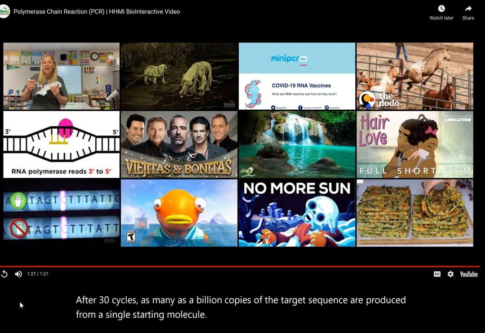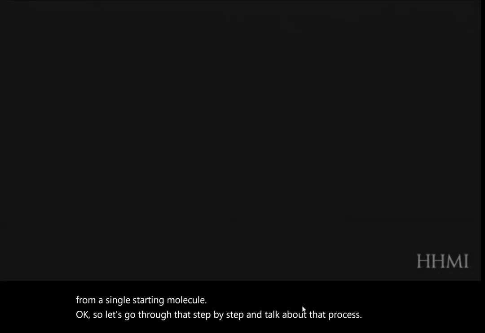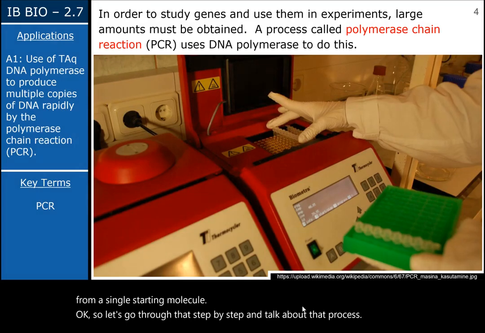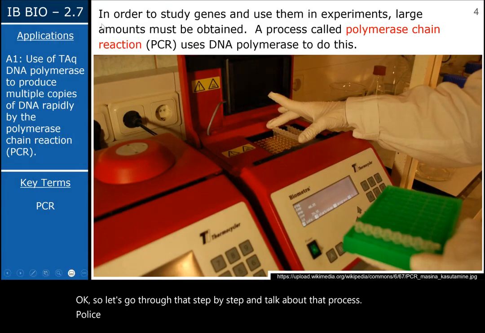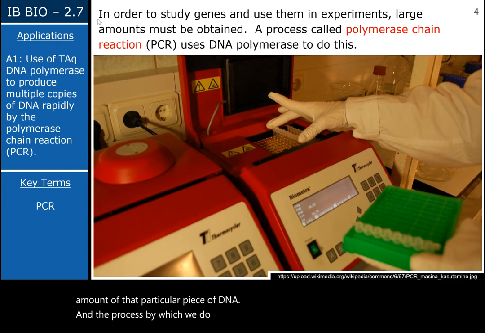Okay, so let's go through that step by step and talk about that process. In order to study genes and use them in experiments, we have to create a large amount of that particular piece of DNA. And the process by which we do that is called the polymerase chain reaction. Now, that makes sense, right?